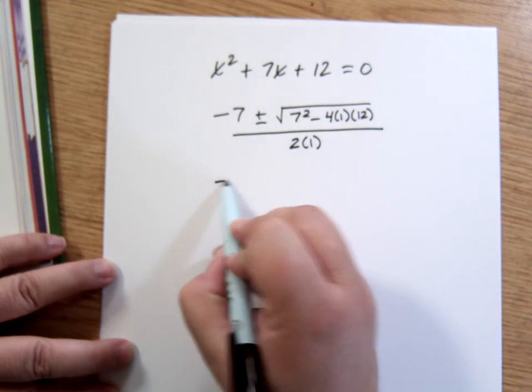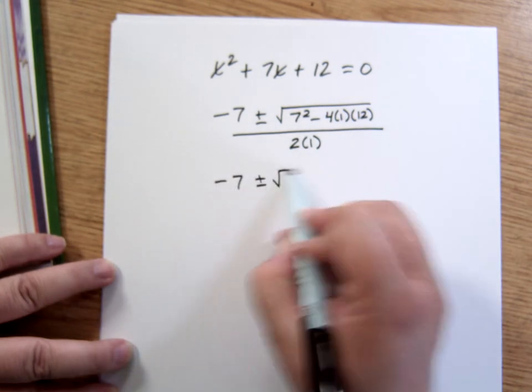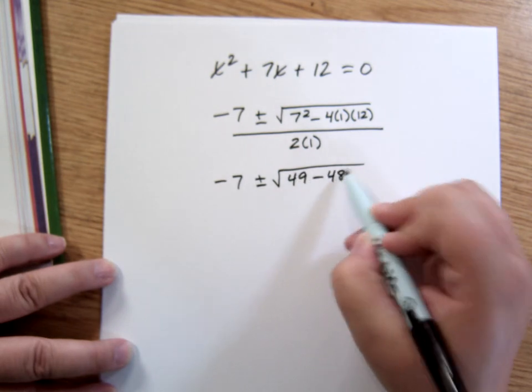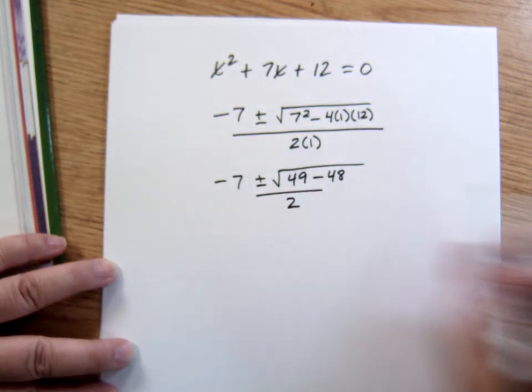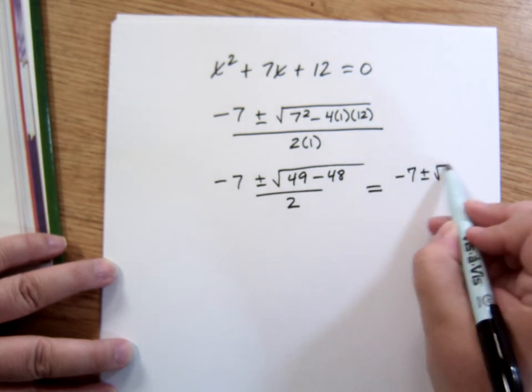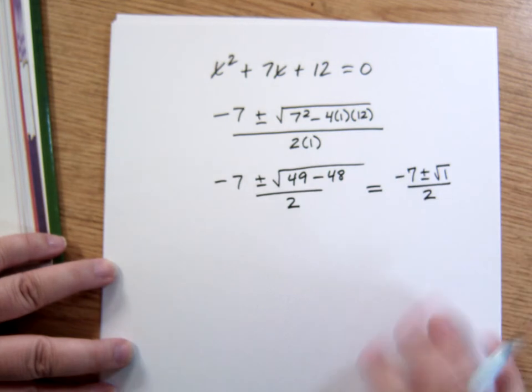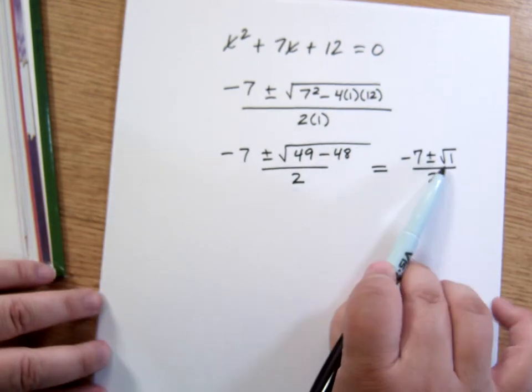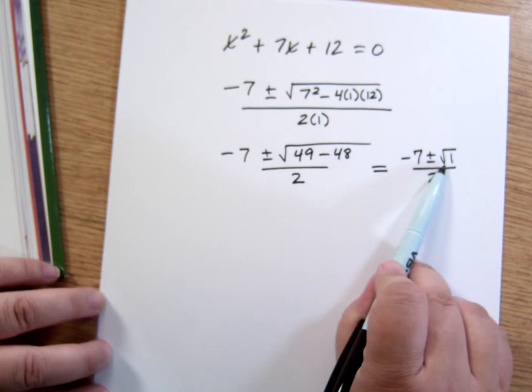So this is -7 plus or minus the square root of 49 minus 48, all over 2, which is -7 plus or minus the square root of 1, all over 2. The two things I wanted to point out to you are, first of all, if you can bring it out from under the radical, you must do that.